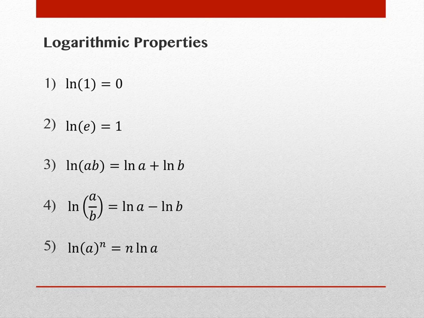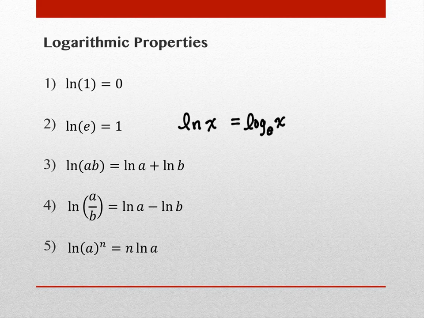The second one is an extension. This isn't visible, or at least not very intuitive on our graph, but the natural log of e is 1. Now, you might remember, and it'll come up in a little bit as well, that the natural log of x can be written as log base e of x.